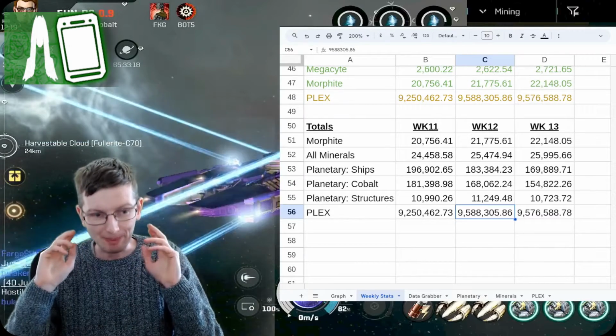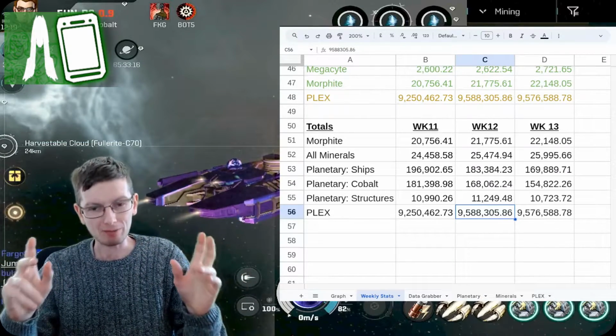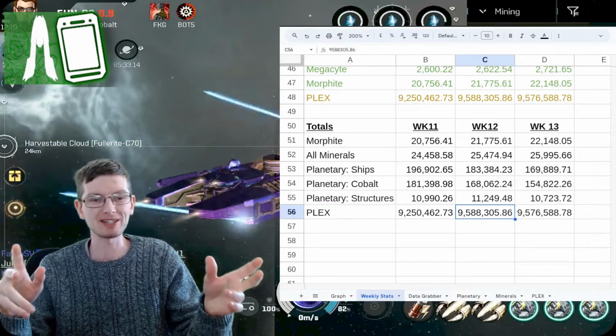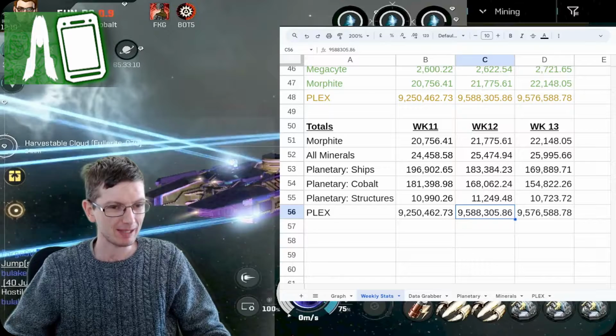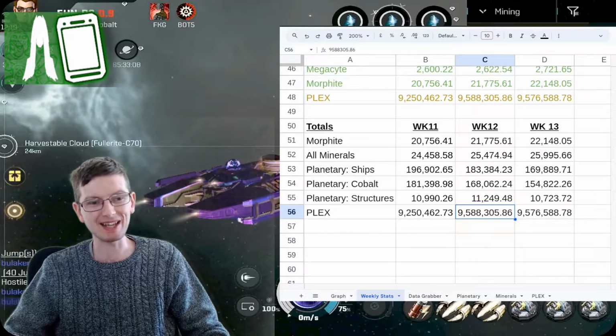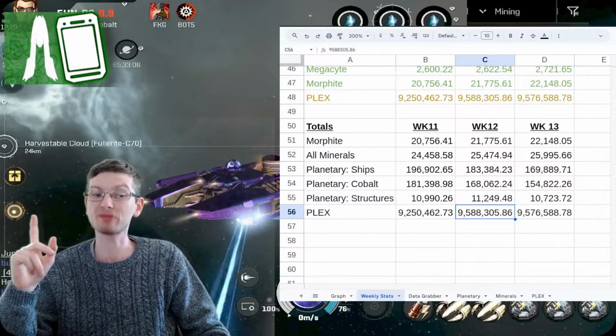Of course, like many other people, I have my own ideas as to how NetEase could fix the PLEX problem. And I think it's safe to say they're not going to go quite as far as I'm thinking here.